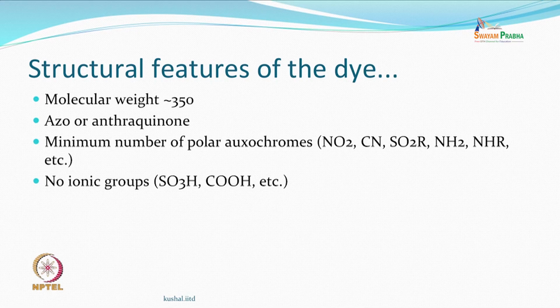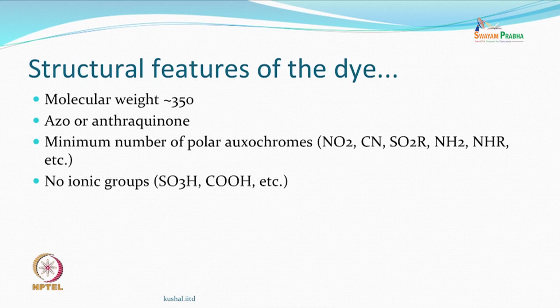They could be azo or anthraquinone, which the disperse dyes obviously are made of. One important thing as an auxochrome requirement is they should have a minimum number of polar groups. So polarity has to be less, non-polarity is better, okay.